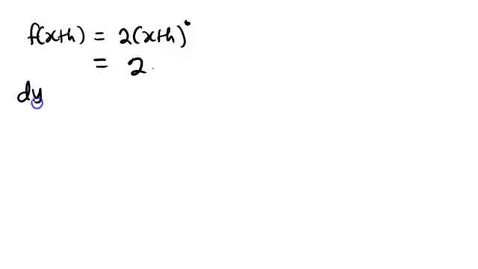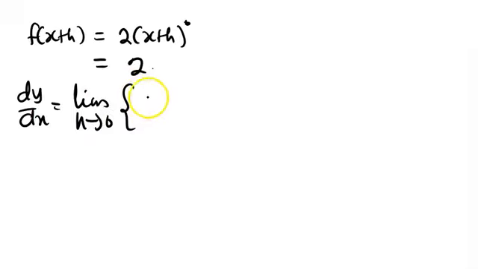So f of x plus h will then be 2 times x plus h raised to the power 0, which is the same as 2. So dy/dx now becomes the limit as h tends to 0 of f of x plus h, which is 2, minus f of x, which is also equal to 2, over h.